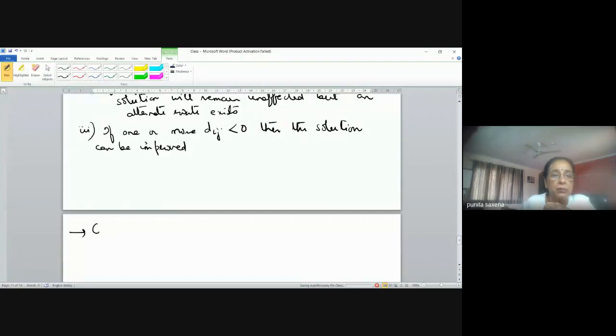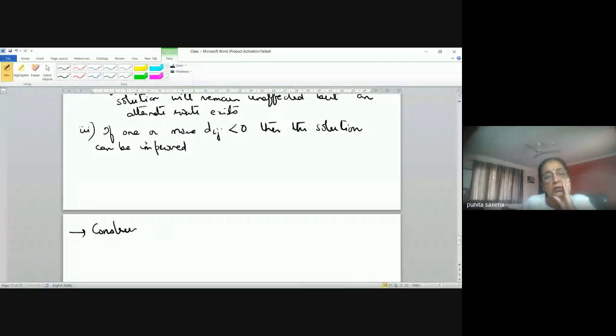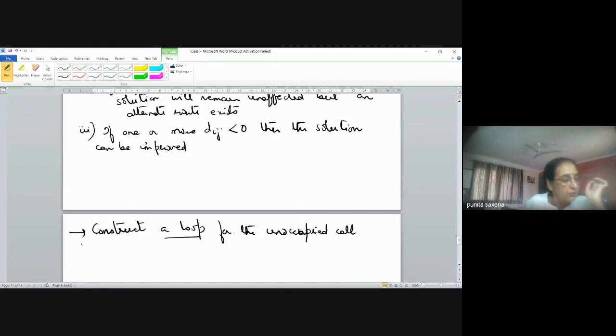So that becomes your step: we construct a loop for the unoccupied cell with the largest negative Dij. In fact, these Dijs are called your opportunity costs.